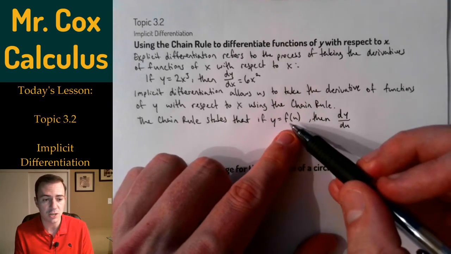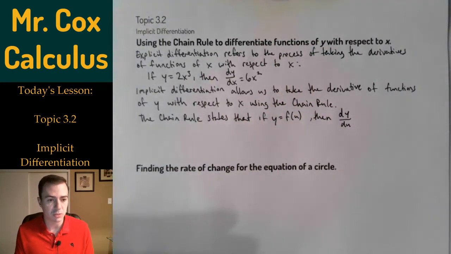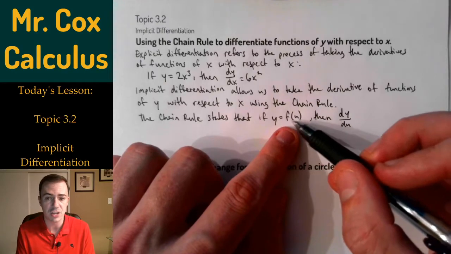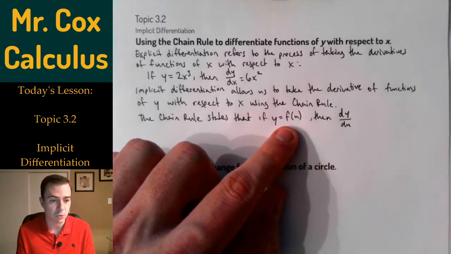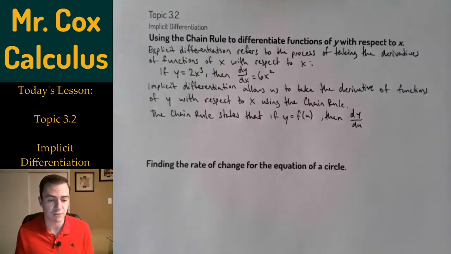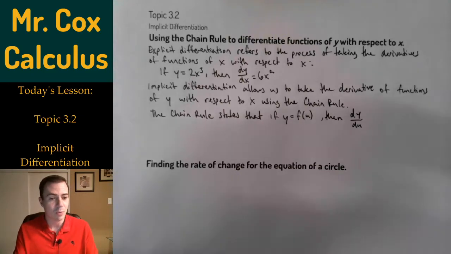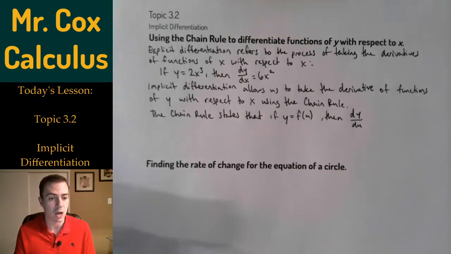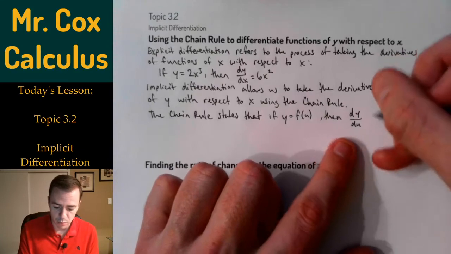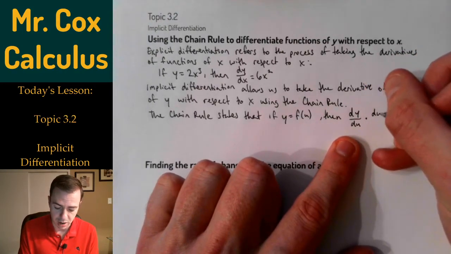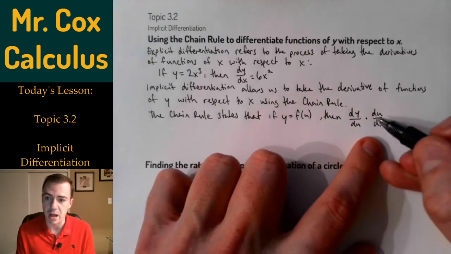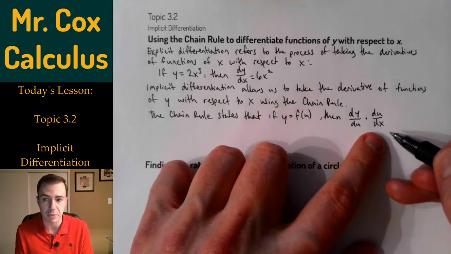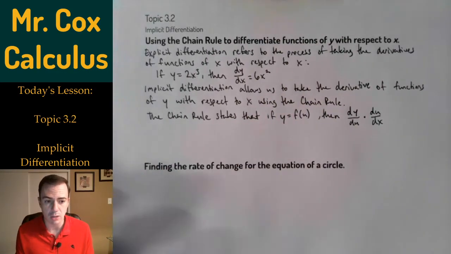So we differentiated the outer function with respect to u. So here in a moment, when we want to differentiate a function of y, we will differentiate it in terms of y. And then we will multiply it, the chain rule said, by the derivative of u with respect to x. This is how we outline the chain rule.